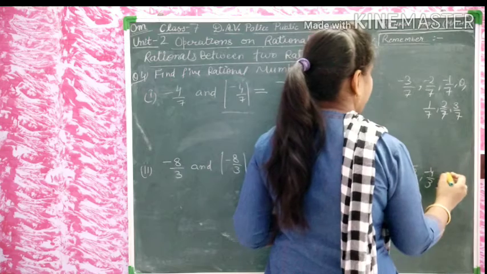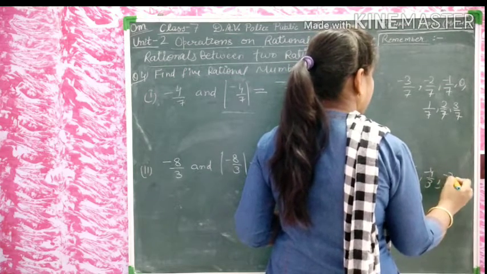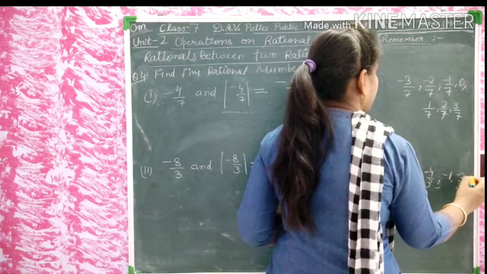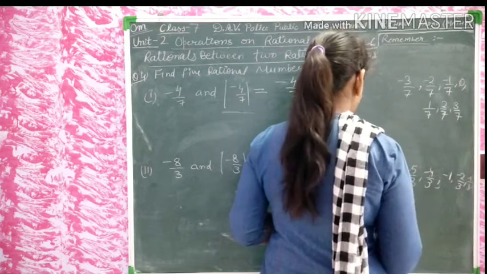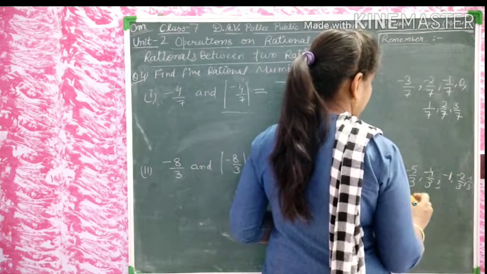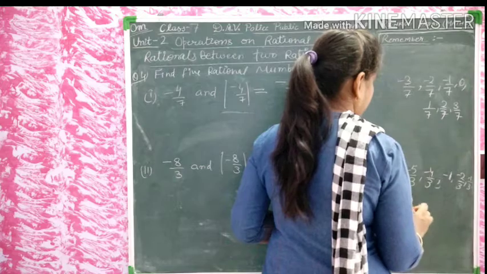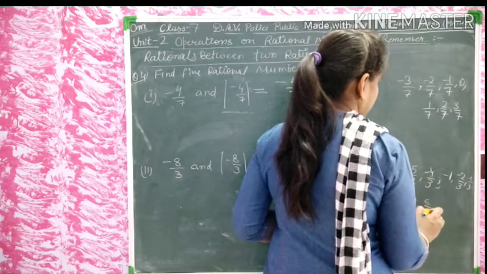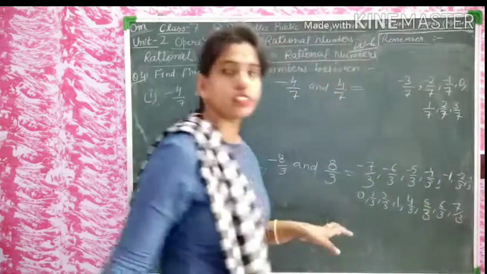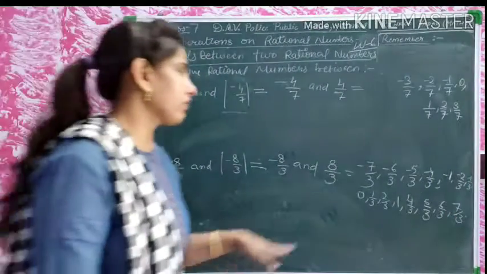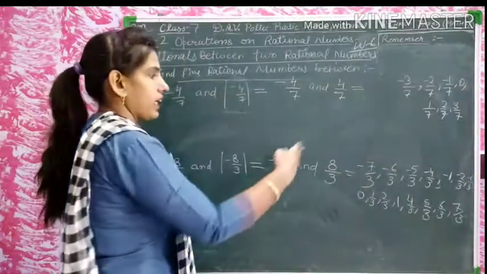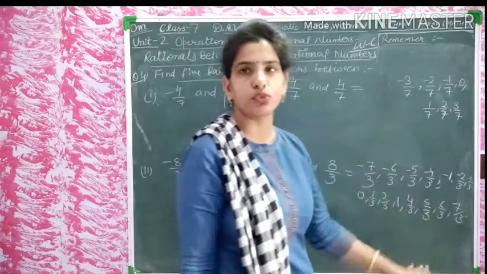Minus 3 by 3 that is minus 1, minus 2 by 3, minus 1 by 3 and 0, 1 by 3, 2 by 3, 3 by 3 that is 1, 4 by 3, 5 by 3, 6 by 3, 7 by 3. All these numbers we can write here, and we write only 5 rational numbers. Any 5 rational numbers you can write from these numbers.